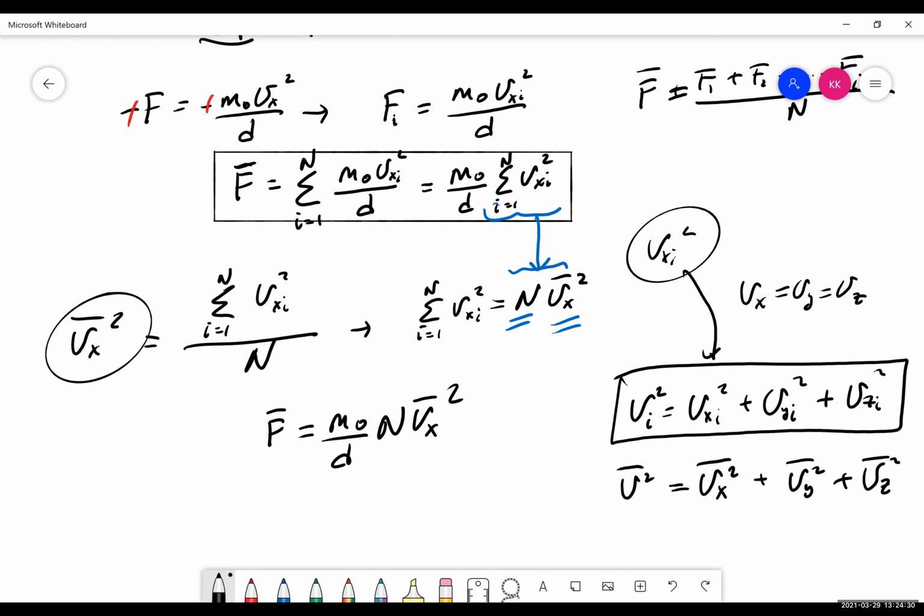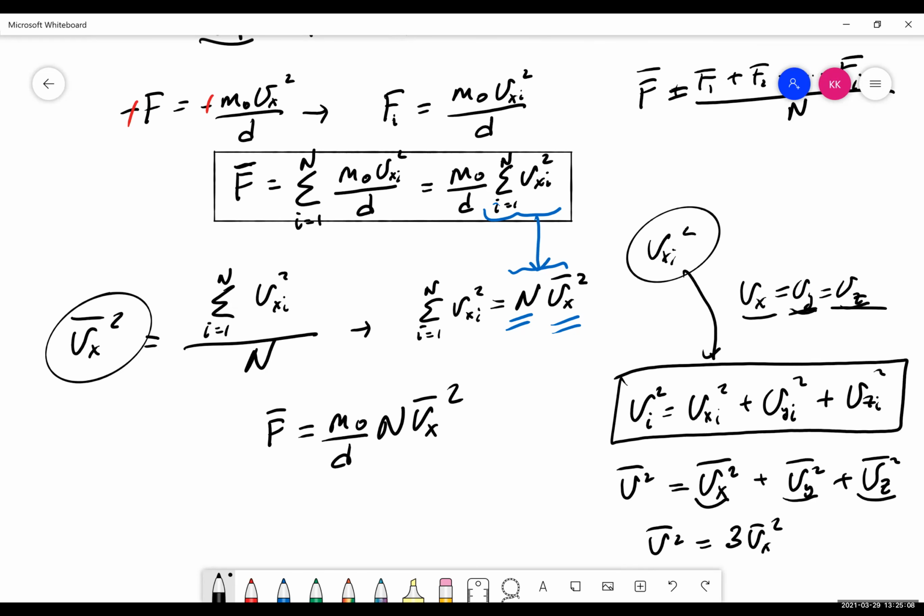So these quantities are exactly the same, and I can say V average squared is 3 times the same quantity. Vx squared plus Vy squared plus Vz squared is the same as 3 times Vx average squared. Since Vy is the same as Vx and Vz is also the same as Vx, I can just say that V average squared equals 3 times Vx average squared.